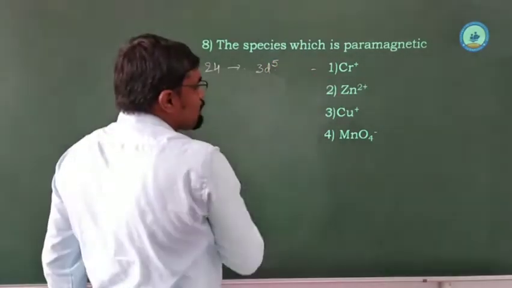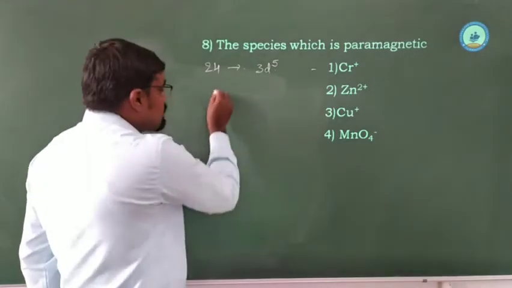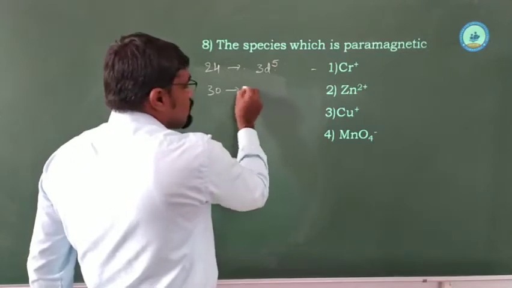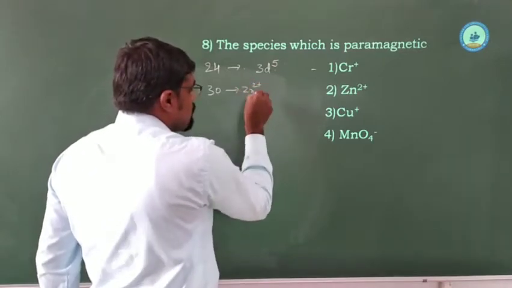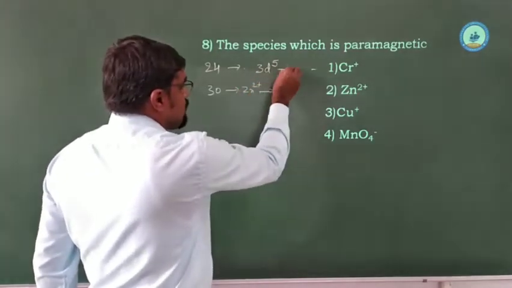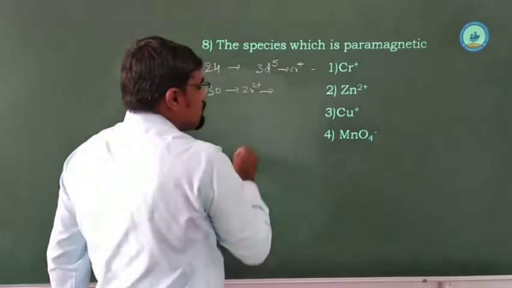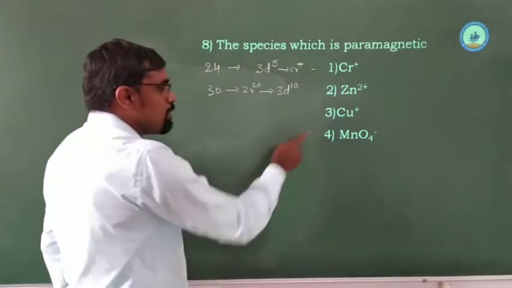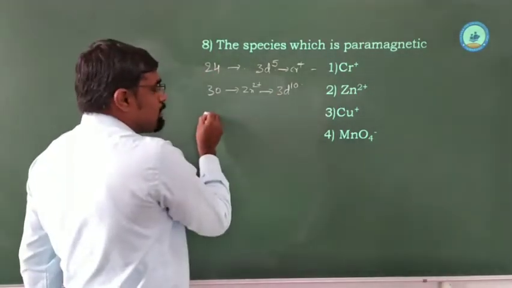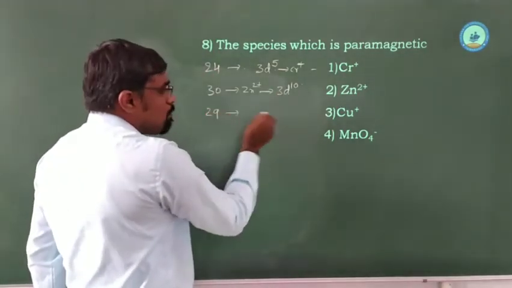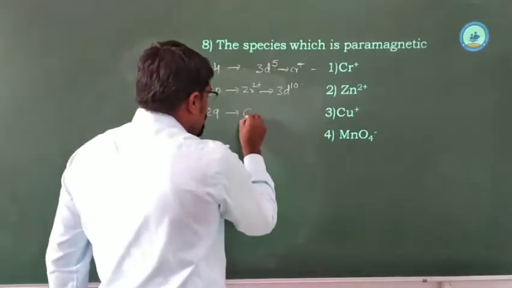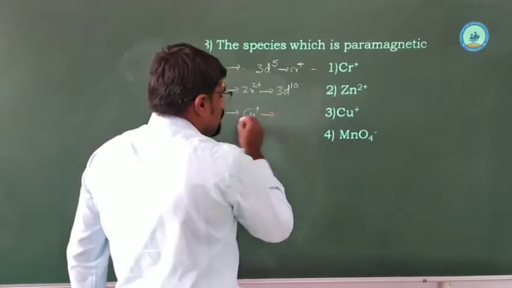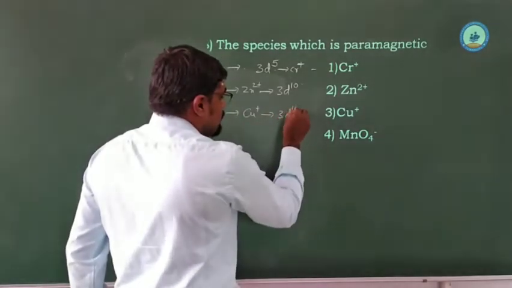So then here Zn2 plus, that is 3d10. And in Cu plus, once again the atomic number is 29. Plus means 1 electron has to be removed from the s orbital. If we remove 1 electron, we get 10.